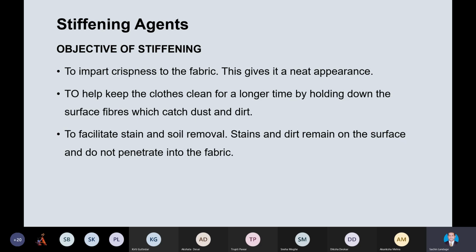Laundering means not only carrying out the washing, but whatever other treatments we are talking about right now also come under this category. So bleaching, OB application, FB application are also there.